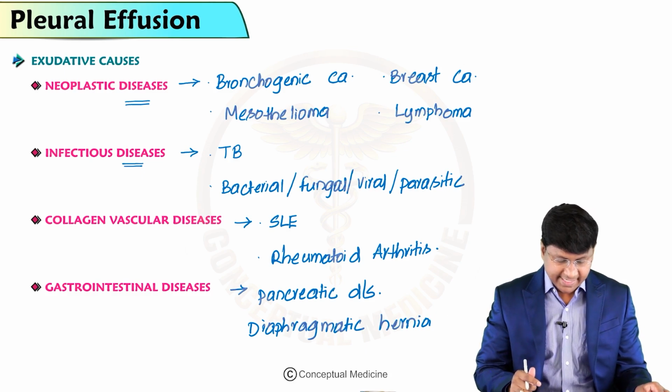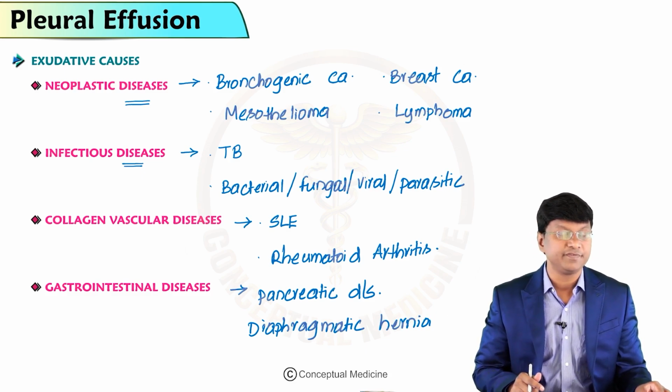So these are the gastrointestinal causes for the development of exudative type of pleural effusion.